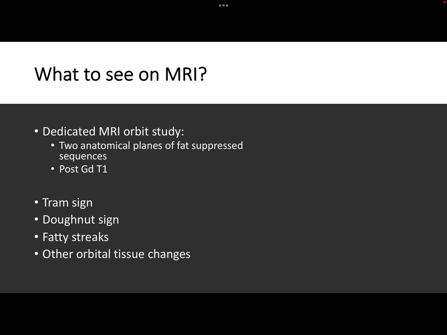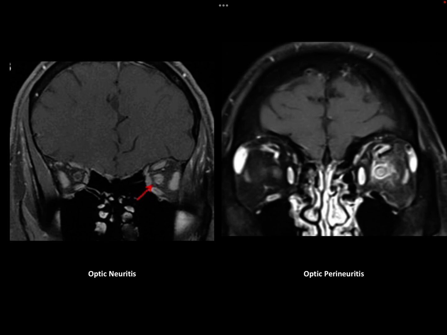So what to see in an MRI for a patient with optic perineuritis? Essentially, you need a dedicated MRI orbit on a high field scanner with contrast enhancement. You would expect a few signs that we are going to see together now. Here is essentially what makes the difference between an optic neuritis and an optic perineuritis.